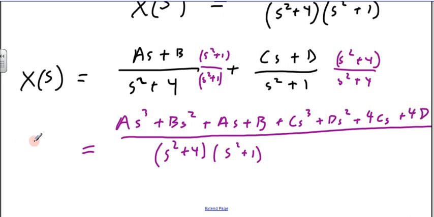And when I get done, what I want to have is s over s squared plus 4 times s squared plus 1. That's what I want.